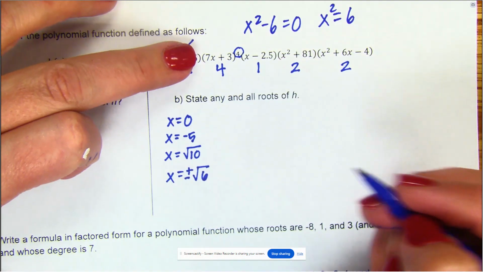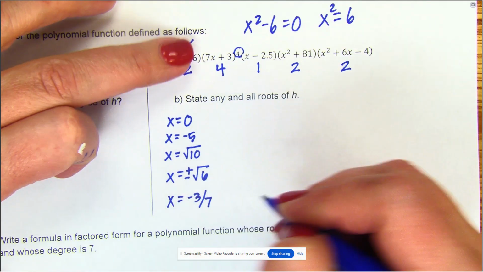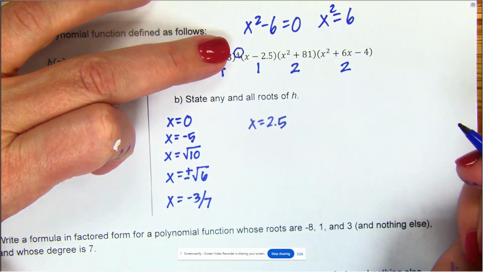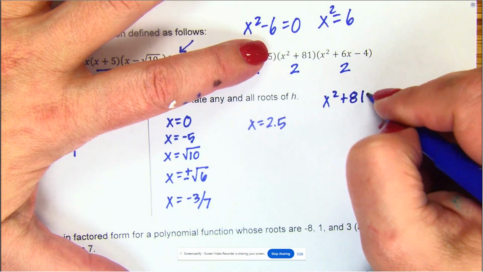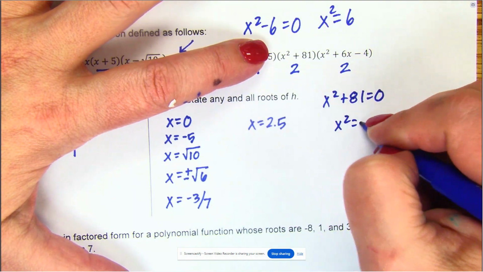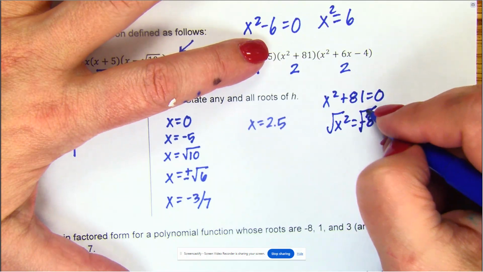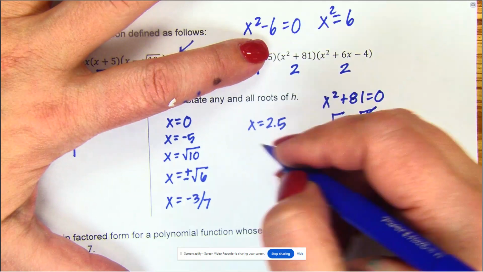This one would be -3/7. 2.5. This one, do the work here, x squared plus 81 equals 0. Subtract 81, square root, got a negative, so that is plus or minus 9i.